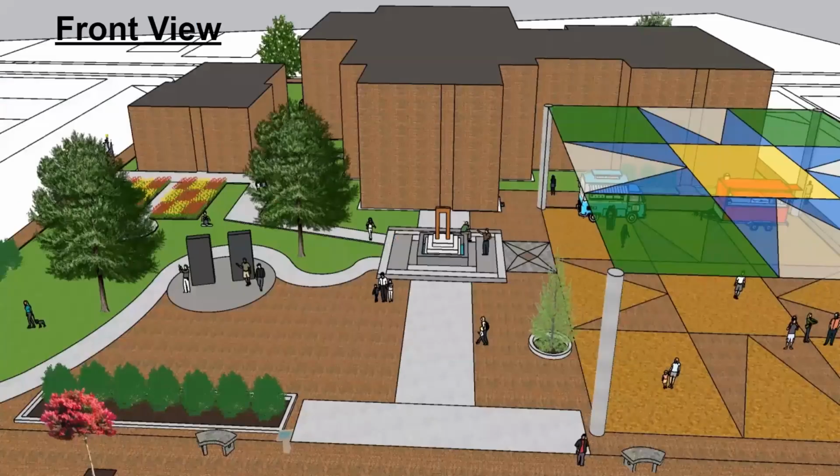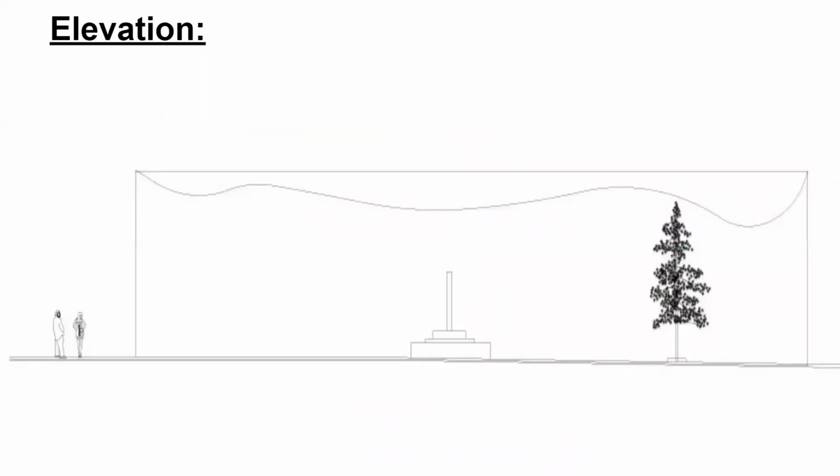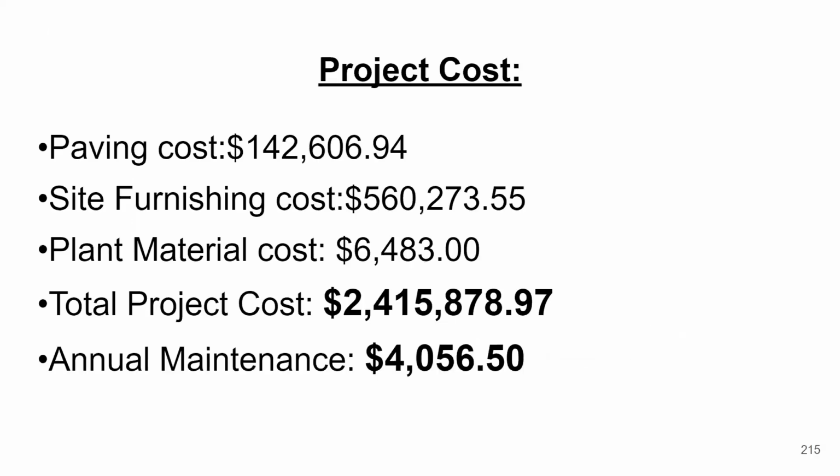This is a front view of my entire design. And this is my elevation plan. My total cost for my project is $2,415,878.97. My annual maintenance is around $4,000.